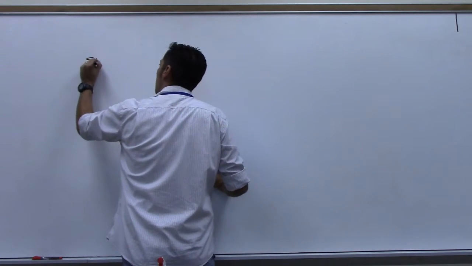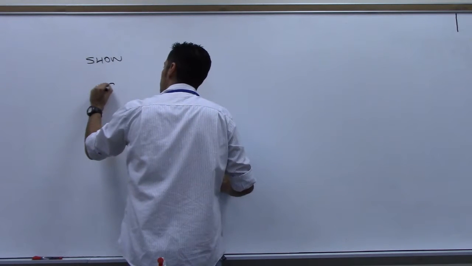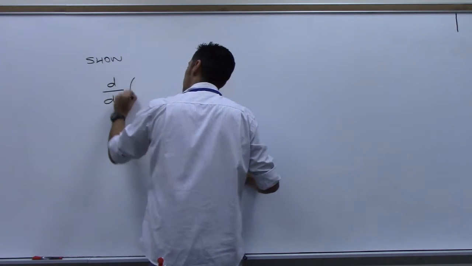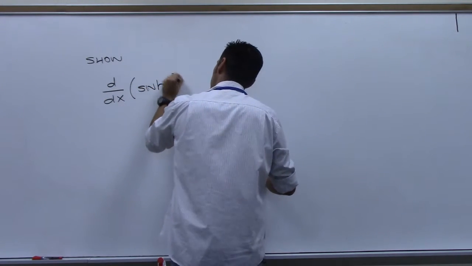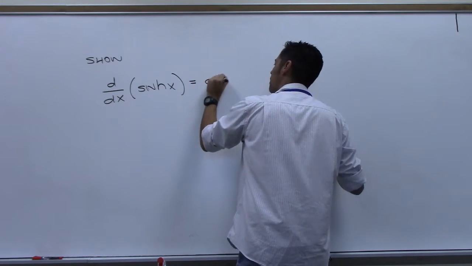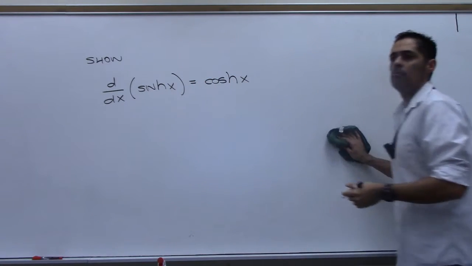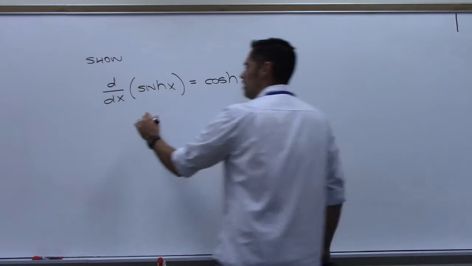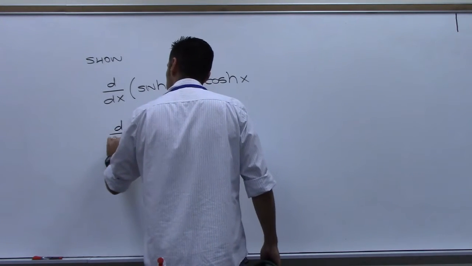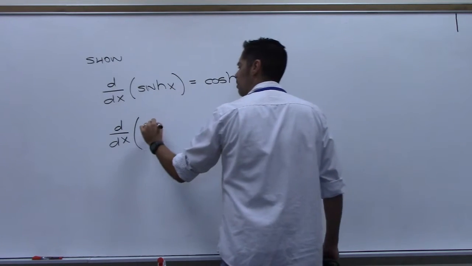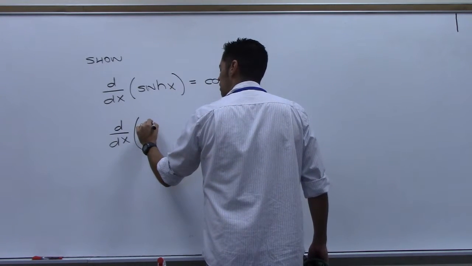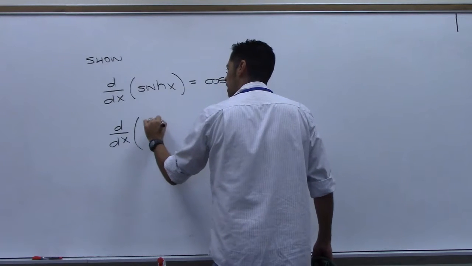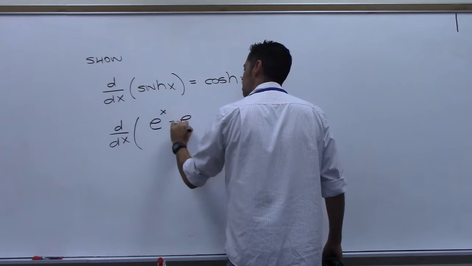I'm going to show right now that the derivative with respect to x of hyperbolic sine x is equal to hyperbolic cosine x. So this really means I need to show that the derivative with respect to x of hyperbolic sine, which is, well, there's different ways to write it, but I'll write e to the x minus e to the negative x over 2.